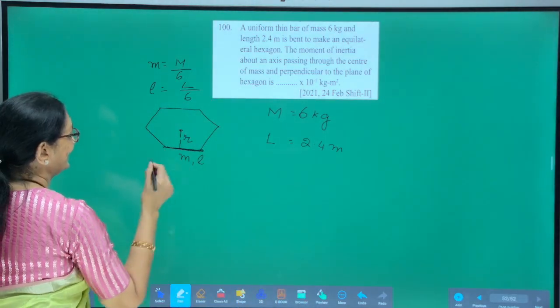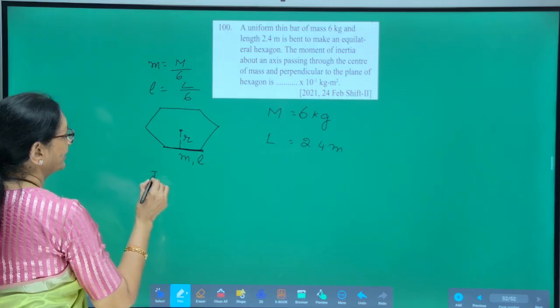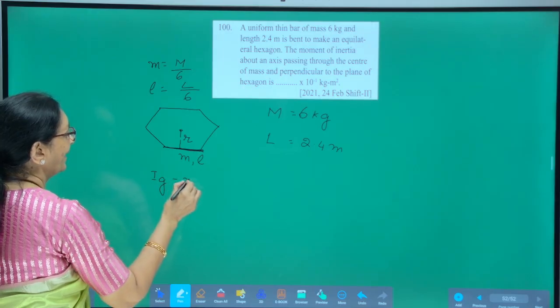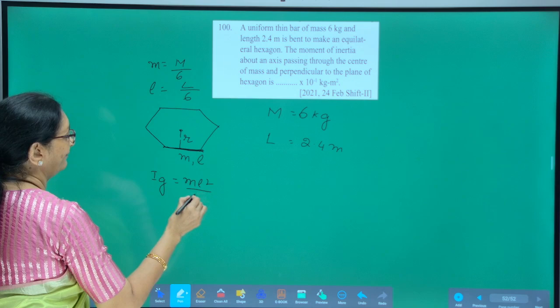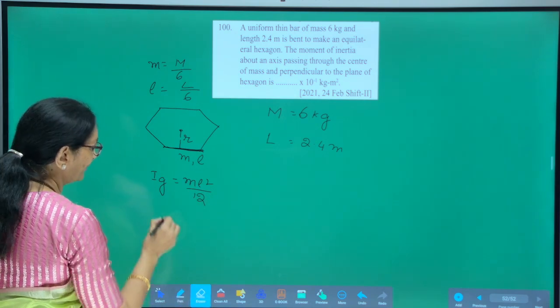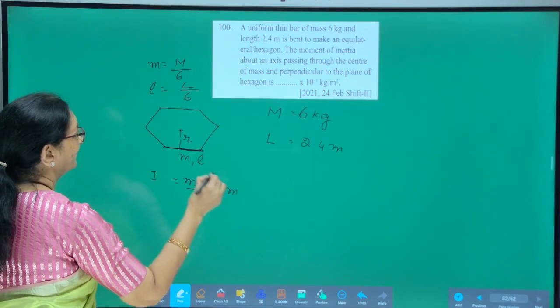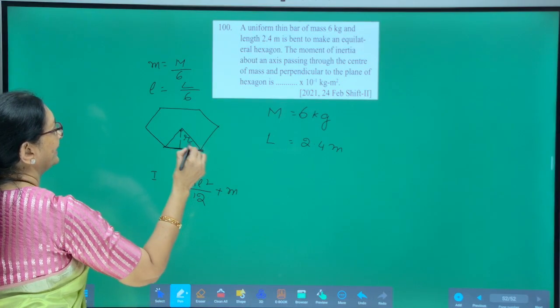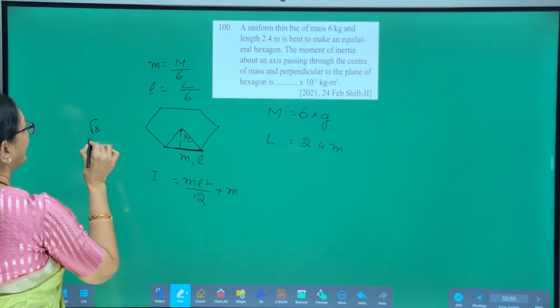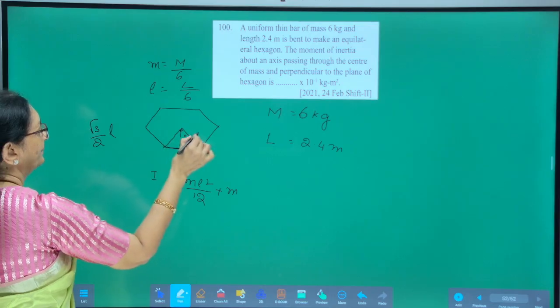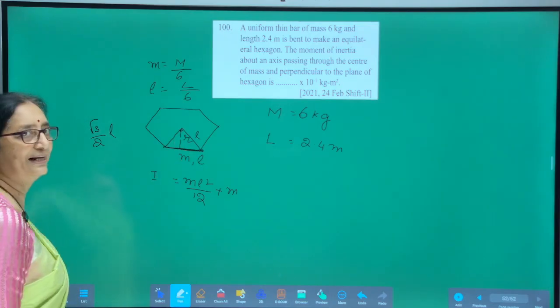So, for each side Ig is equal to ml square by 12, but I is equal to Ig plus m r square. Height of an equilateral triangle is root 3 by 2 L, because this forms an equilateral triangle.